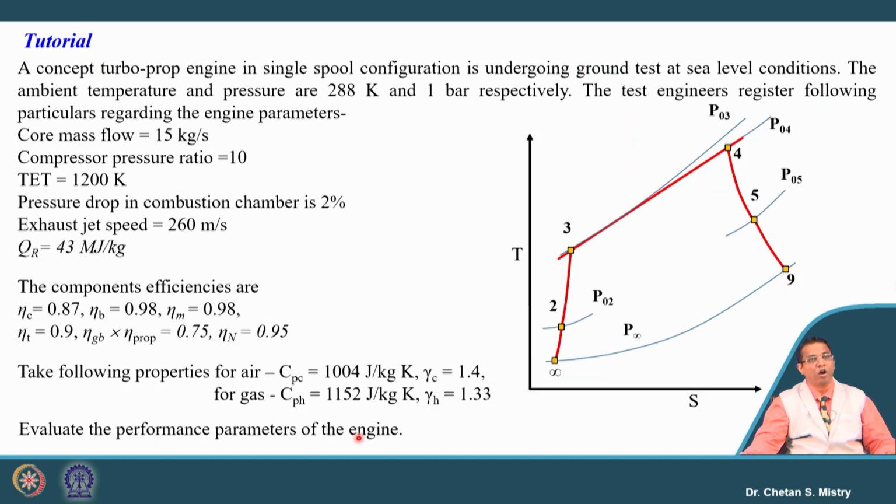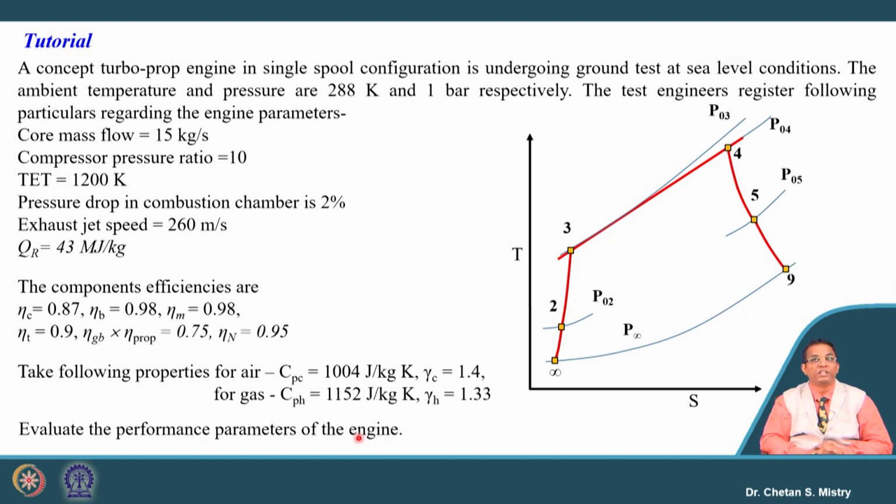Okay. Now, after understanding this, we must solve one numerical for practice, and that will build the confidence in doing the cycle analysis. So let's take one numerical. It says a concept turboprop engine with a single spool configuration is undergoing ground testing at sea level. The ambient temperature and pressure are 288 Kelvin and 1 bar.